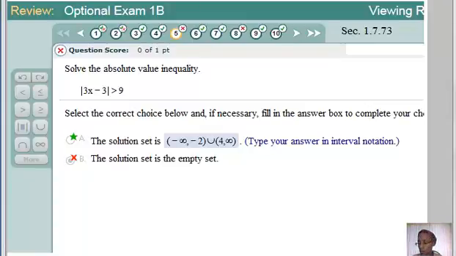Okay, I want to look at this question, section 1.7, number 73, where you're solving an absolute value inequality. Whenever you have an inequality involving absolute value, if the absolute value is isolated on one side of the inequality symbol and a positive number is on the other side, your first step is to rewrite the inequality without absolute values.